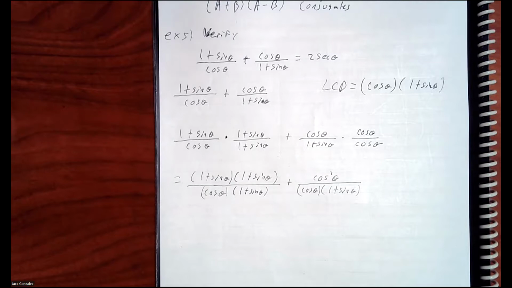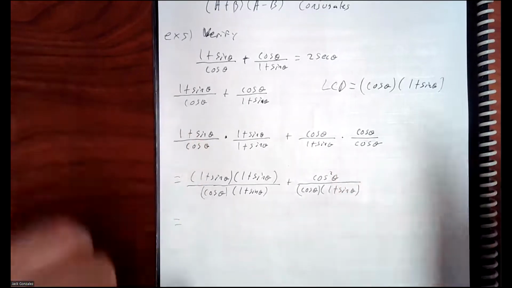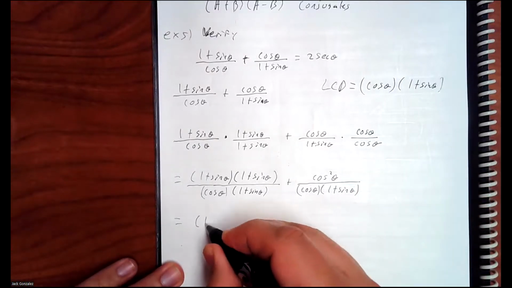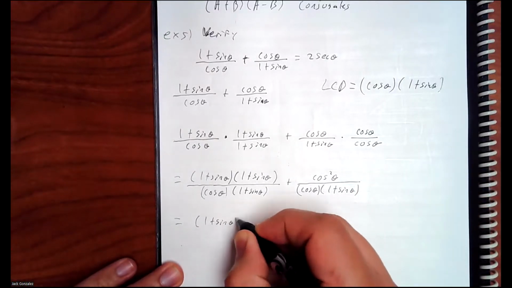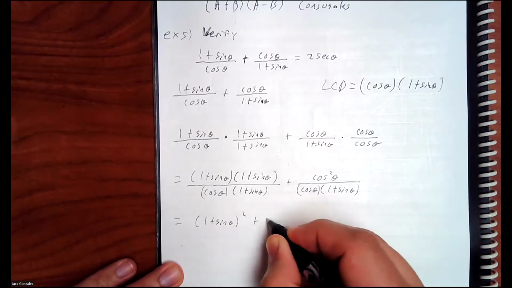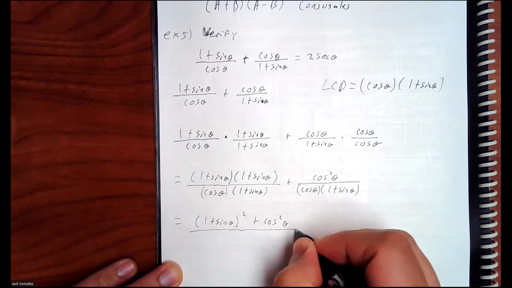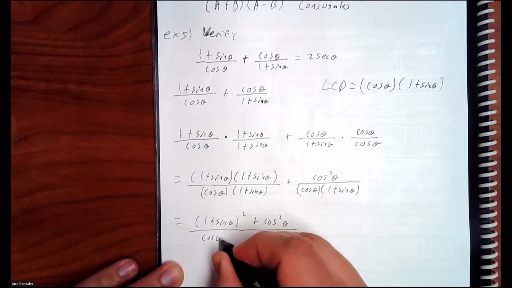So they have the same denominator now, so just add the numerators. So add these two. So we're going to have 1 plus sine squared plus cosine squared over that denominator.